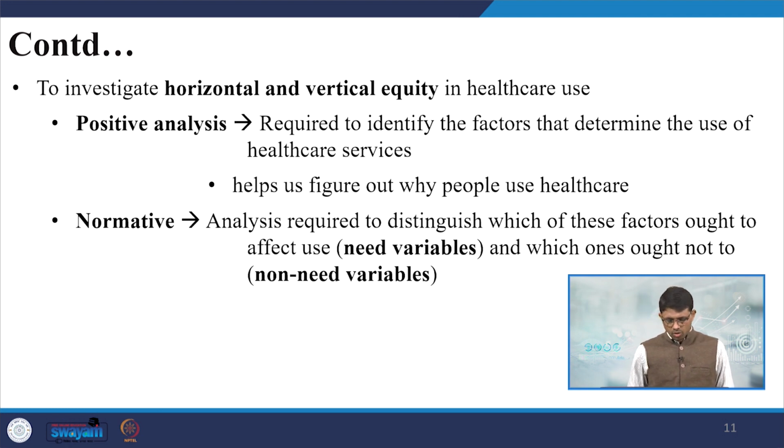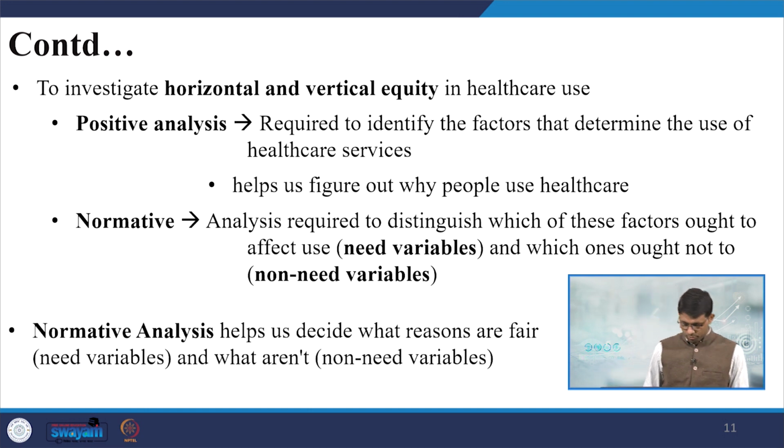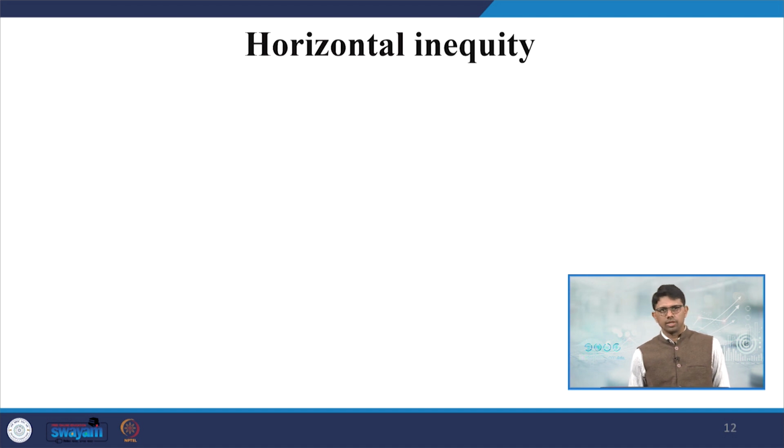So, the factors that ought to affect the use, and the ones that ought not to affect. Broadly speaking, this explains need-based and non-need-based variables. Hence, normative analysis helps us decide which reasons are fair for need variables and which are not, so far as non-need variables are concerned.